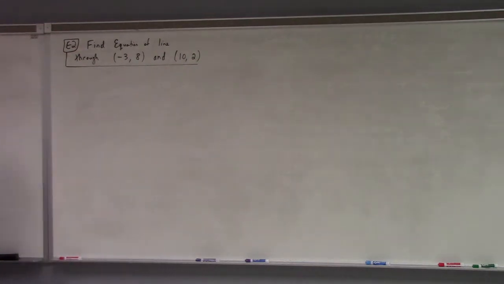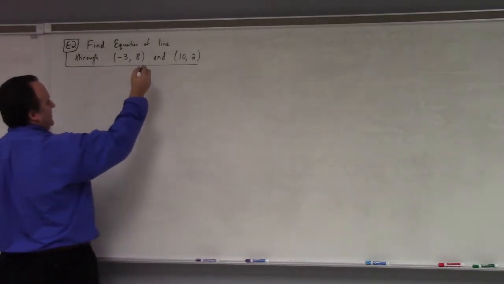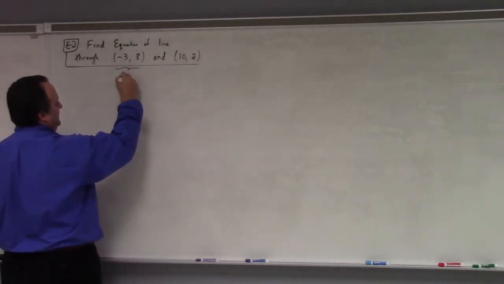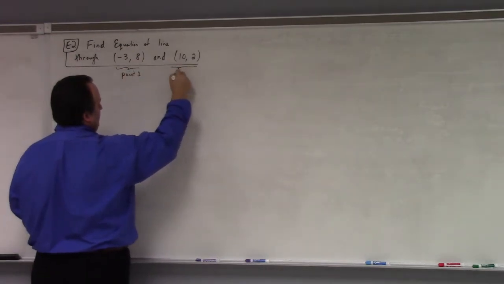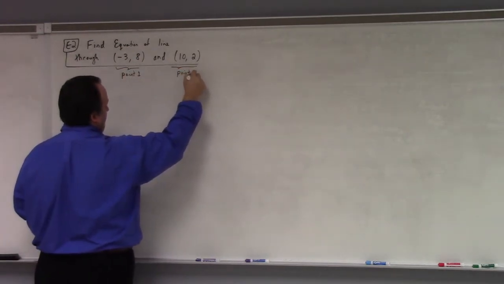So how do you guys want to go about this? First find the slope. I think that's a very good idea. But even before that, I'm going to say that this is point 1, and I'm going to say that this is point 2, just for the sake of discussion, okay?